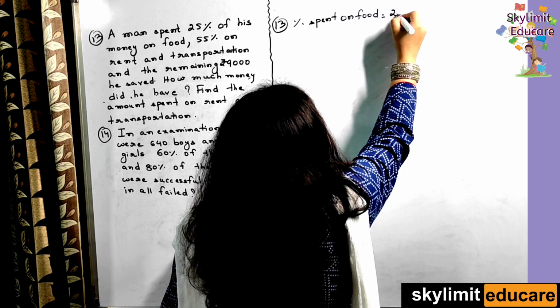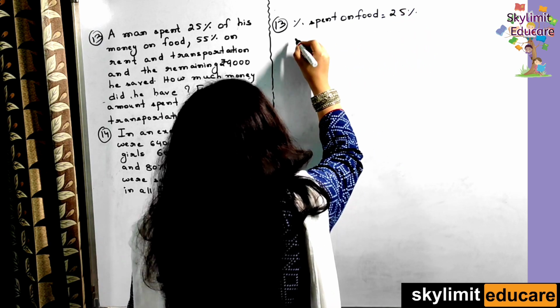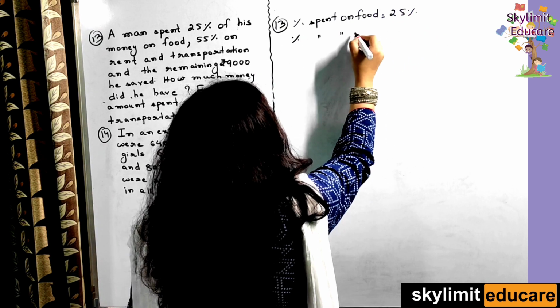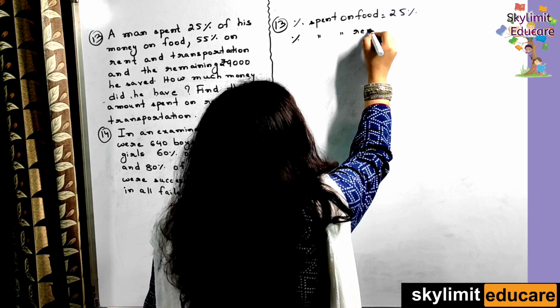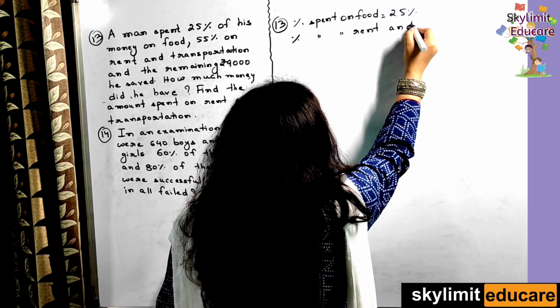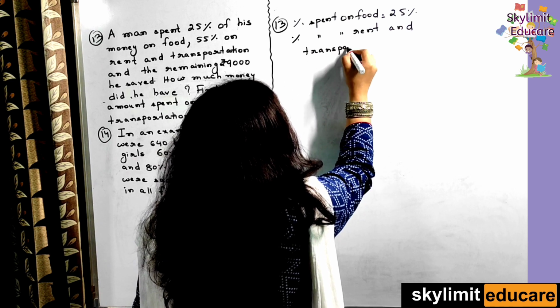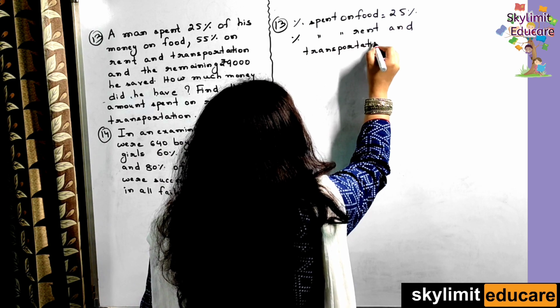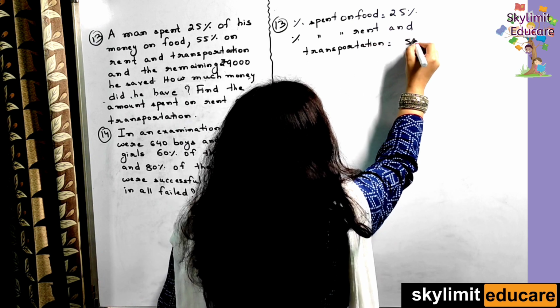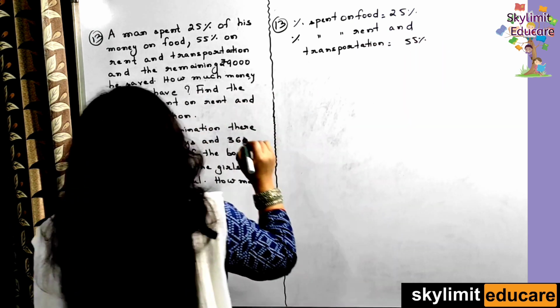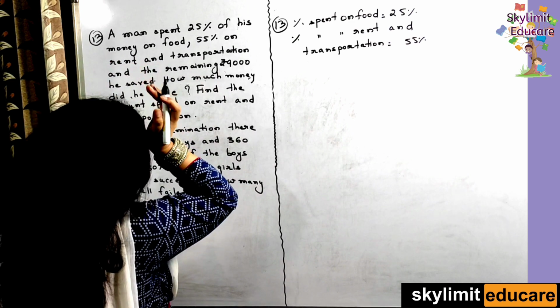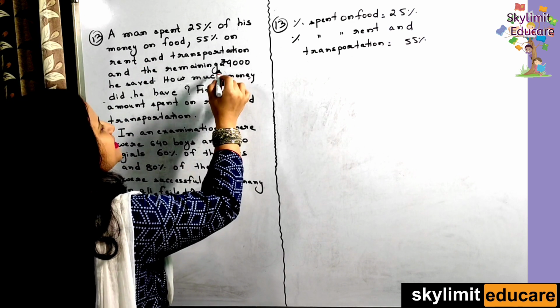And what was the percentage? 25%. Okay, then percentage spent on rent and transportation is how much? 55%. Okay, and whatever was remaining, he saved. That is how much? Rupees 9,000.